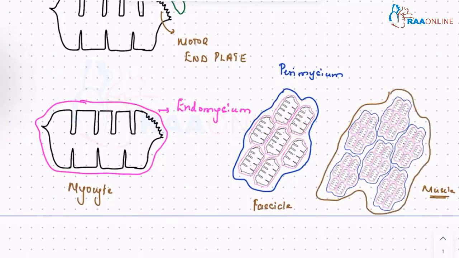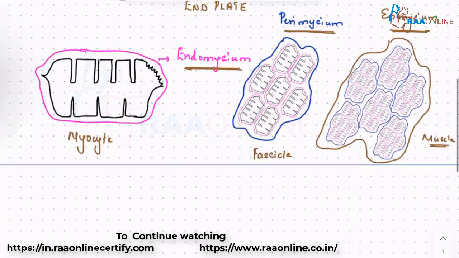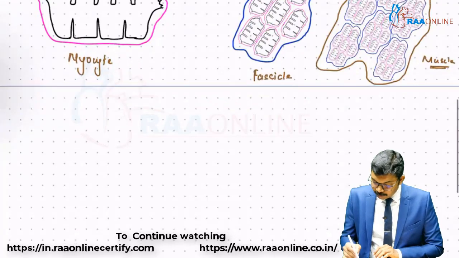This membrane is the epimysium, so this covers the muscle. This is how a muscle is arranged on the outside. So we have epimysium, perimysium as well as endomysium, three different sheaths enclosing the muscles, guys. Alright, now let me take up a motor neuron.